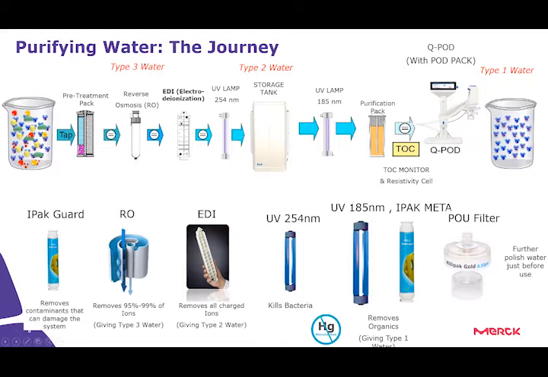Second, we are using the RO membrane, which offers us type 3 water because it removes 95 to 99% of the ions, followed by the EDI, or electrodeionization, which removes all charged ions to the level of type 2 water.